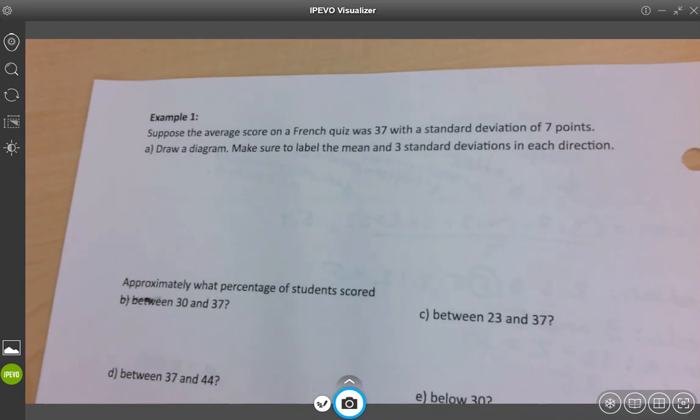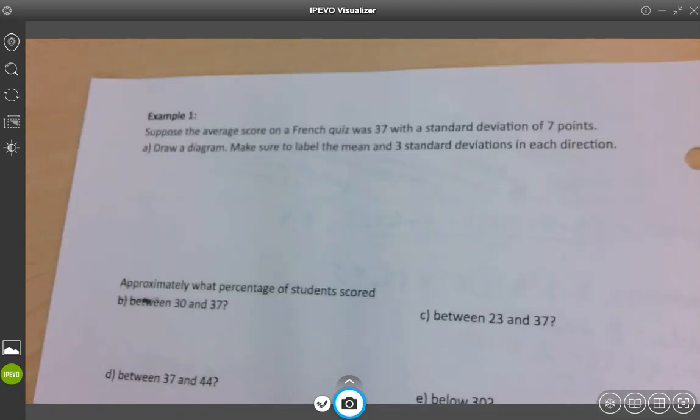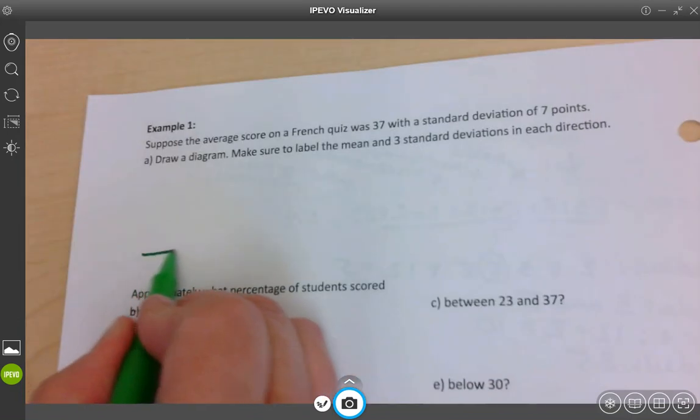All right, suppose the average score on a French quiz was 37 with a standard deviation of 7 points. Draw a diagram. Make sure to label the mean and 3 standard deviations in each direction. So we're going to do our best to draw a pretty bell curve.